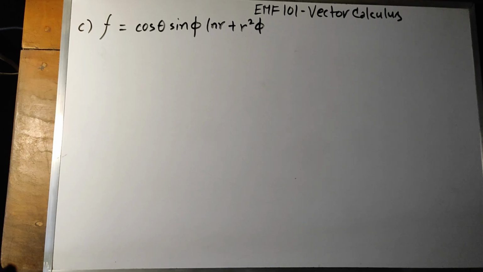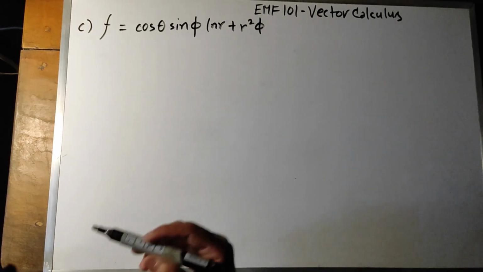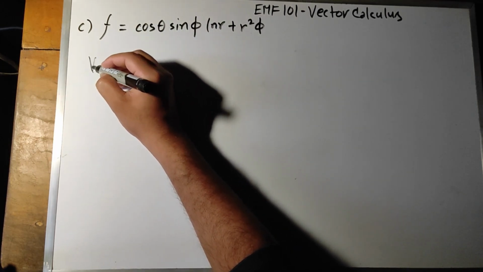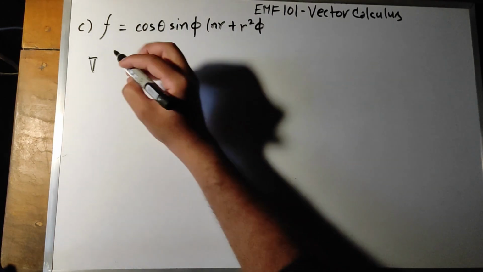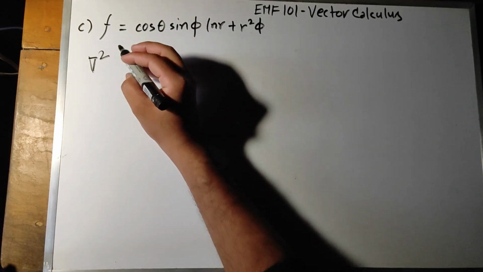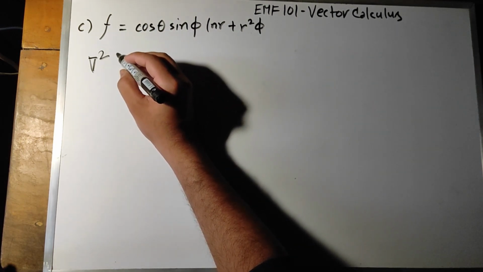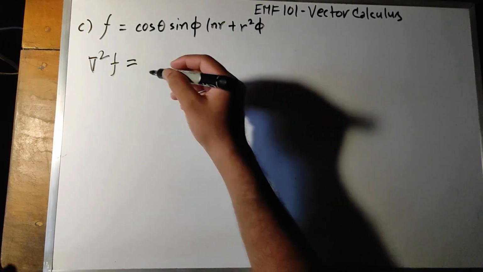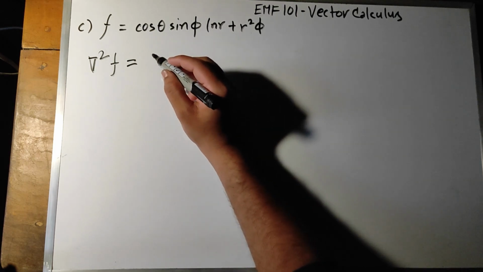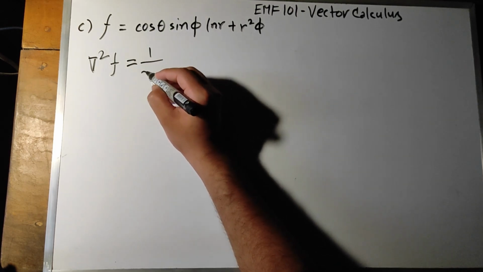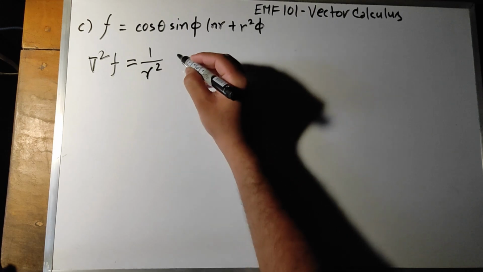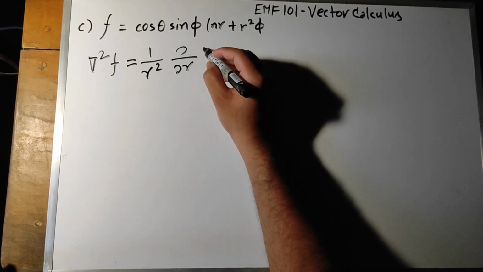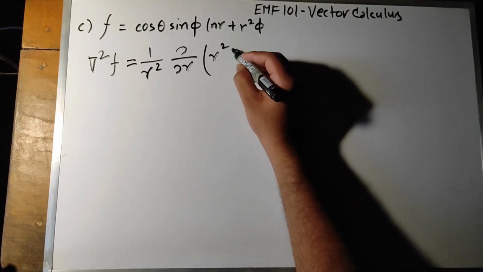This is our third and last scalar field, of which we have to take the Laplacian. So the Laplacian operator, this is in spherical coordinate system, so the Laplacian operator will also be in spherical coordinate system. So the formula of the Laplacian in spherical coordinate system is 1 by r square partial differentiation r square.